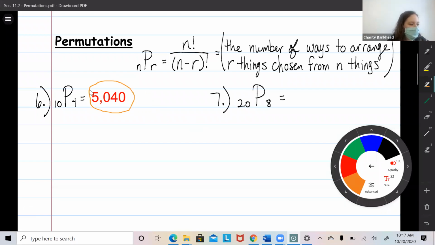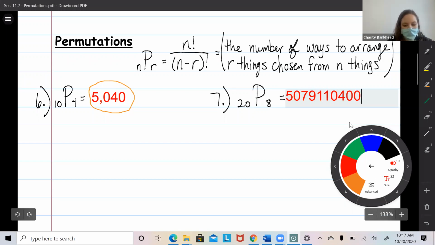So 20 NPR 8 equals a really big number. 5,079,110,400 is the answer.